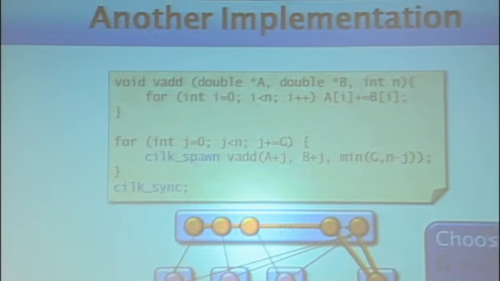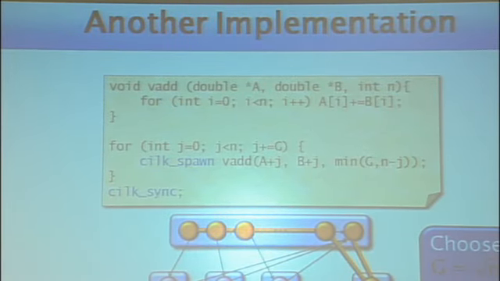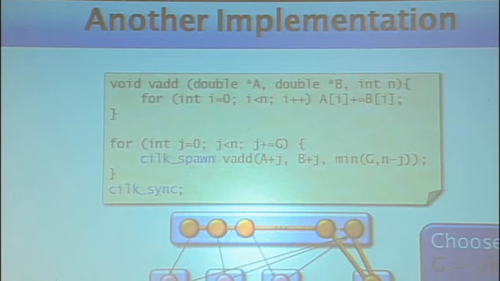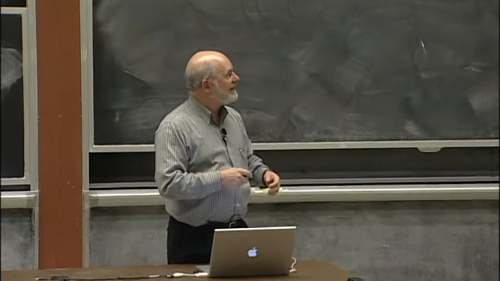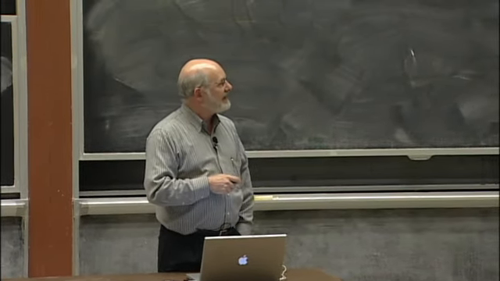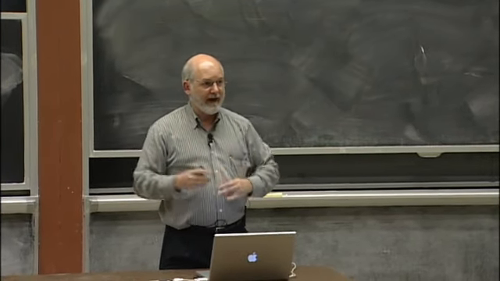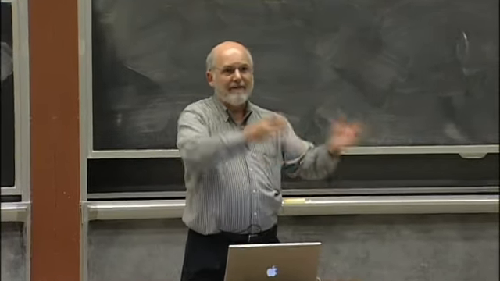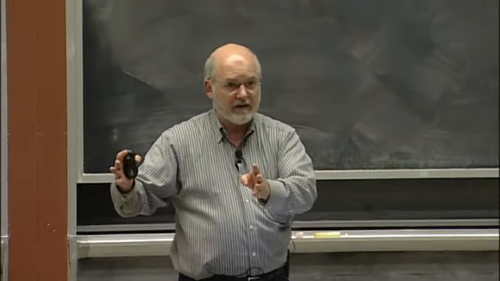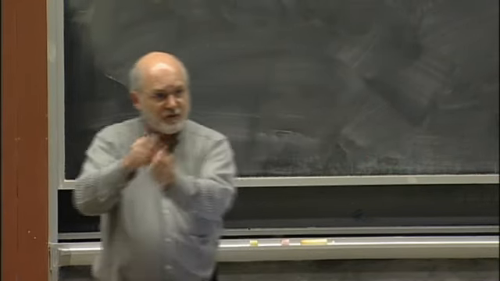And they say, gee, I spawned off N things, that's really parallel. When in fact their parallelism is order 1. So it's really seductive to think that you can get parallelism by this. It's much better to do divide and conquer, and Cilk for does that for you automatically. If you're going to do it by hand, and sometimes you do want to, then you probably want to think more about divide and conquer to generate parallelism, because you'll have a smaller span than doing many things one at a time.